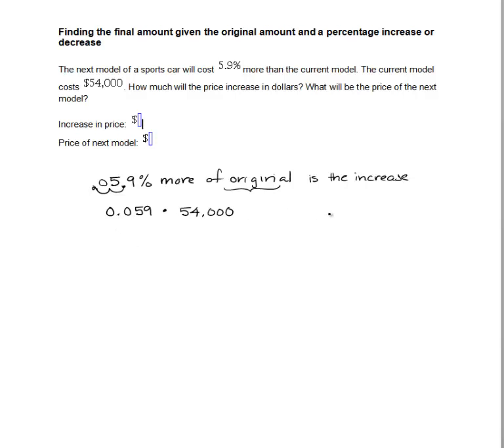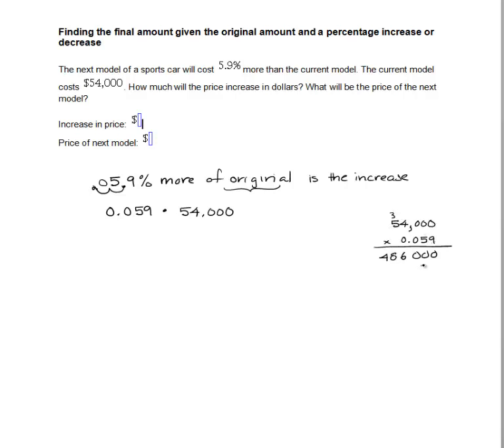So we can do a straight multiplication. We have 54,000, and we're going to multiply it by 0.059, and we could do this the long way, and I'll show you a little shortcut. So 9 times 0, 0, 0, 9 times 4 is 36, carry the 3, 9 times 5 is 45, 45 plus 3 is 48.